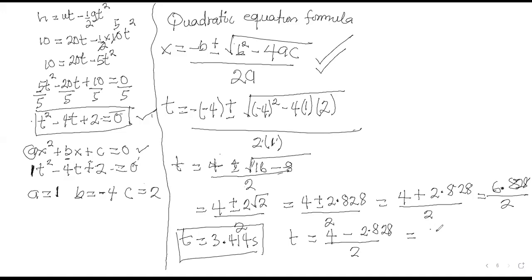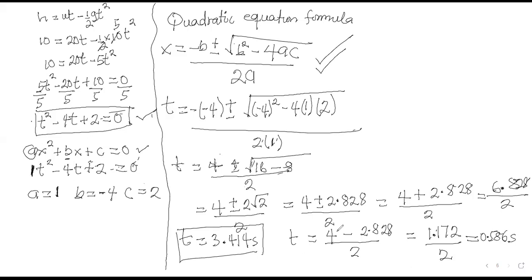Let's do the subtraction: 1.172. 1.172 divided by 2 is 0.586 seconds.